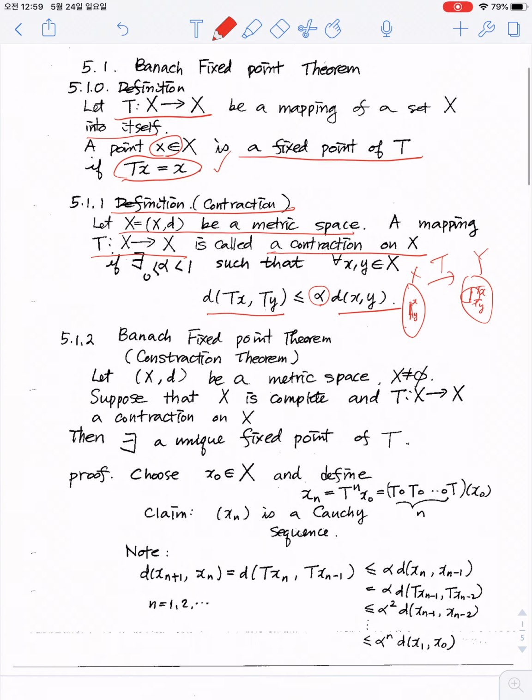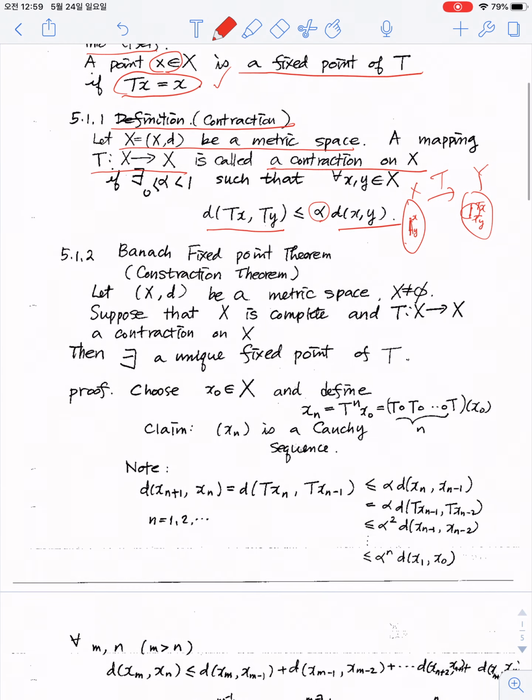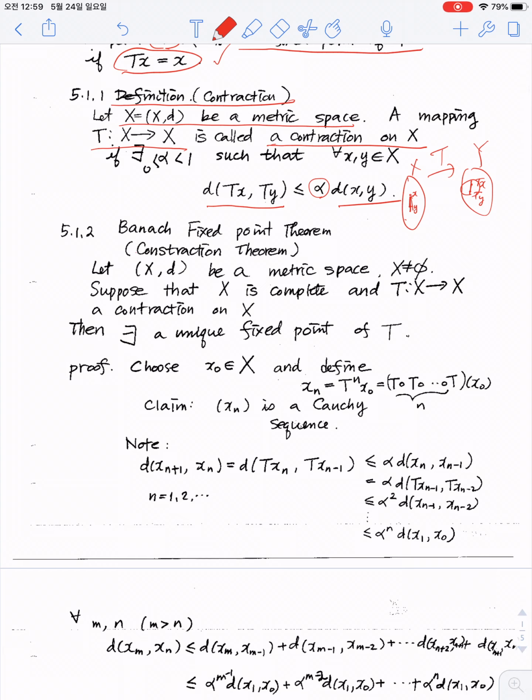And the Banach fixed point theorem is the following. This says construction, this is a kind of typo, it should be contraction. I don't know why I put construction. Contraction theorem. Suppose (X, d) is a non-empty metric space, and suppose X is a complete metric space, and T is a contraction map from X to itself.